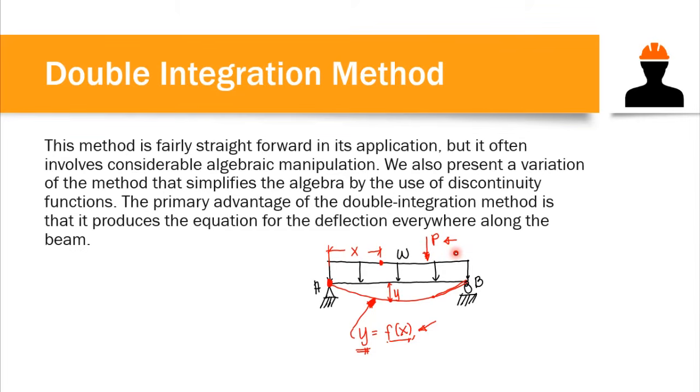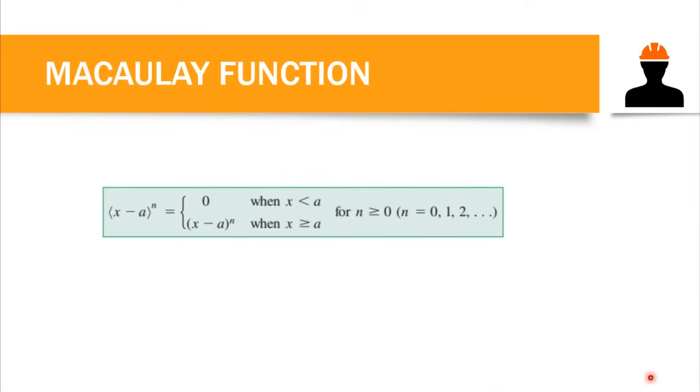So in that case, we have a new, direct method, which is known as the Macaulay function. In the Macaulay function, if we have a bracket function like this one, x minus a raised to the n, when our x is less than a, the value inside the bracket is negative, so we need to cancel that out, and when x is less than a, the bracket is always equal to 0.